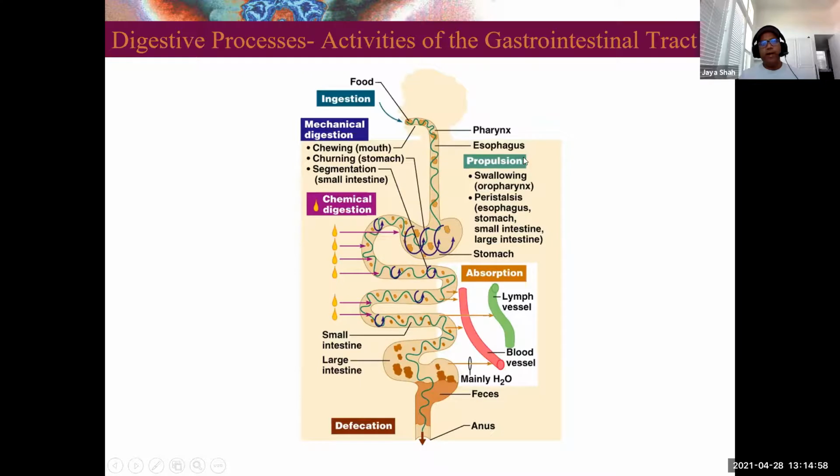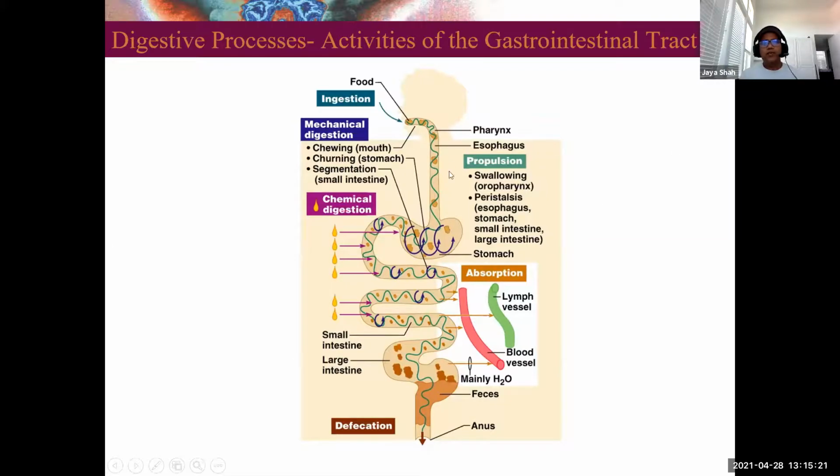They propel the bolus down into the stomach, and that is called propulsion. This propulsion starts in the pharynx and continues till it comes outside through the anus. It is continuous because the wall of the GI tract has the same plan from mouth to anus. We're going to talk about histology later.